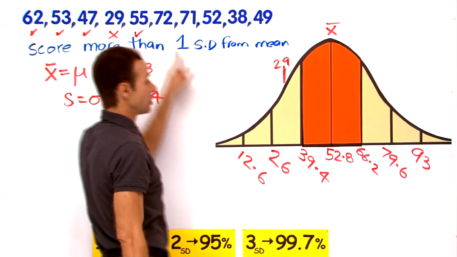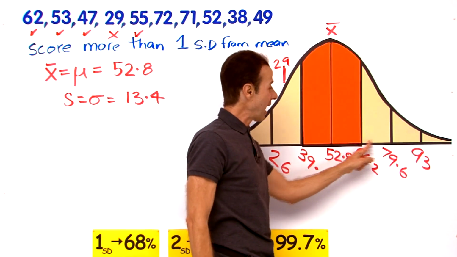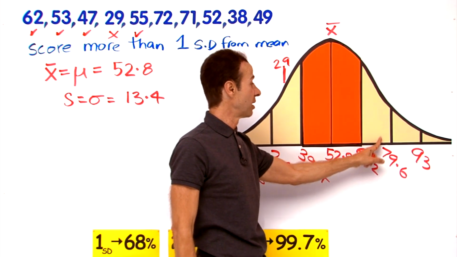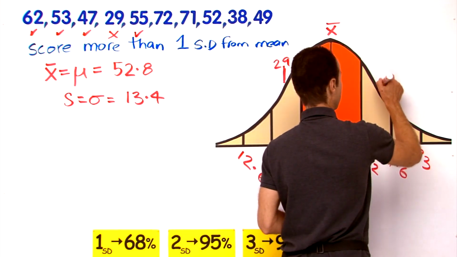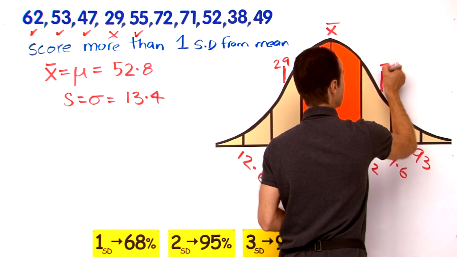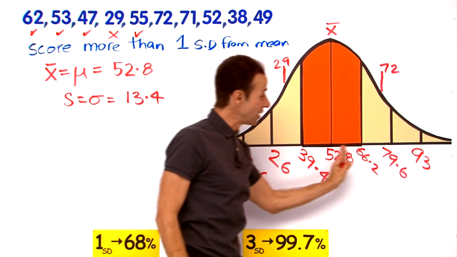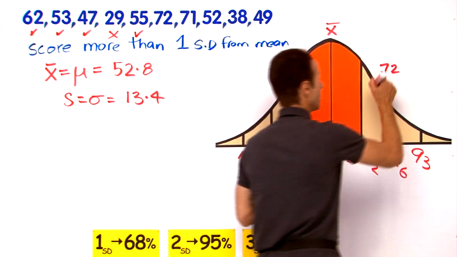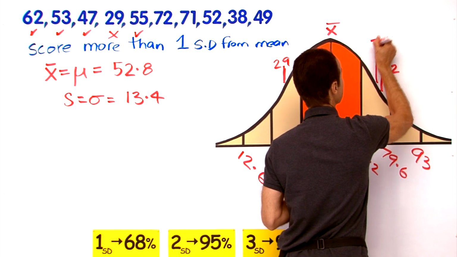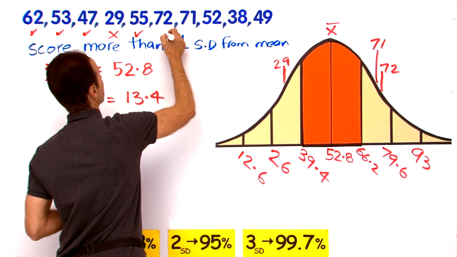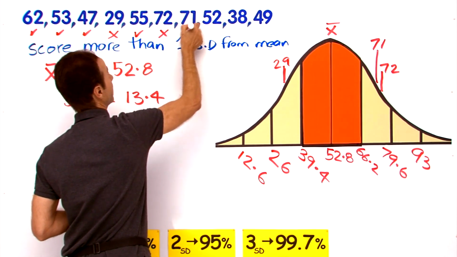We have 72. 72 is outside one standard deviation. 72 is approximately here, there's our 72. Then the next score we have is 71. That's outside 66. That's more than 66. So 71 approximately there. Okay, these two guys are outside one standard deviation. Let's continue.